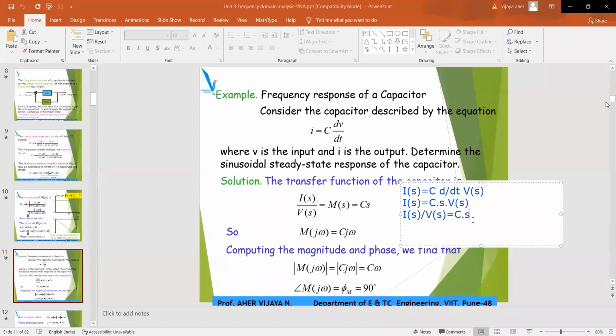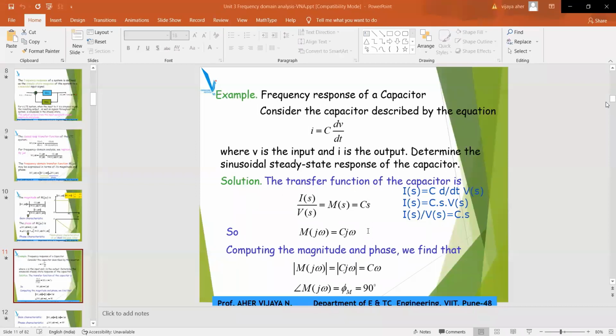Now, in frequency domain analysis, we have to replace S by j omega. So M of j omega is equal to C into j omega. You have replaced S by j omega, that's it. Now compare magnitude and phase.